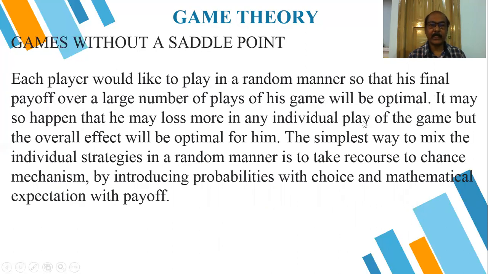So many combinations are there. We will get so many combinations in the individual plays of the game, but the overall effect will be optimal for him. The simplest way to mix the individual strategies in a random manner is to take recourse to a chance mechanism by introducing probabilities with the choice and mathematical expectation with payoff.